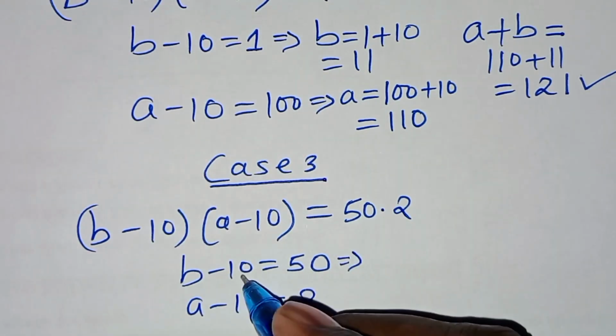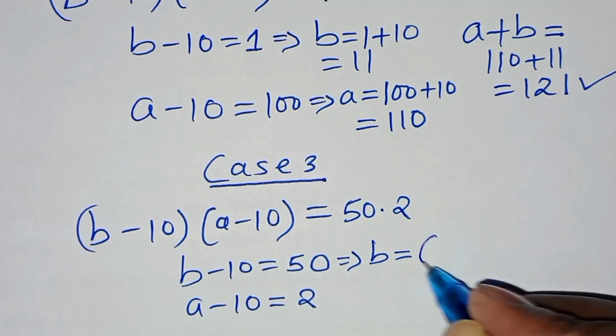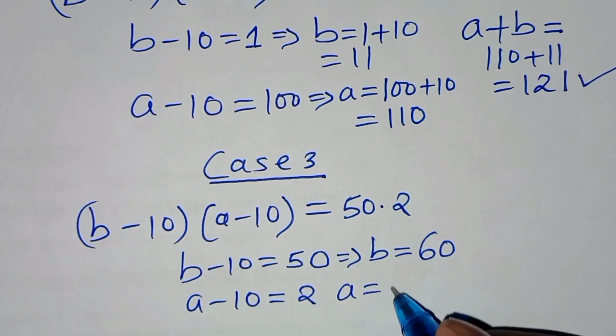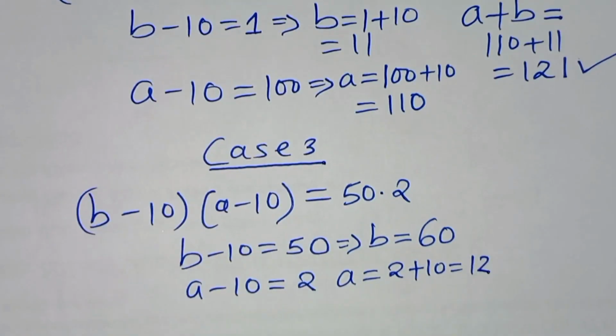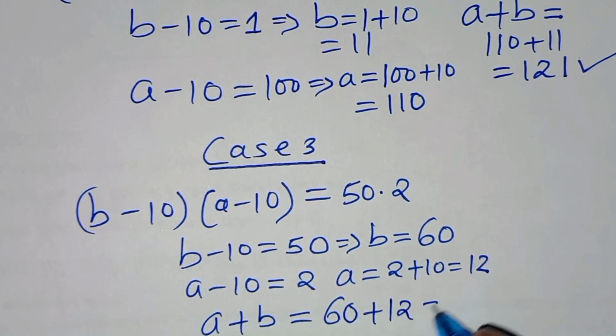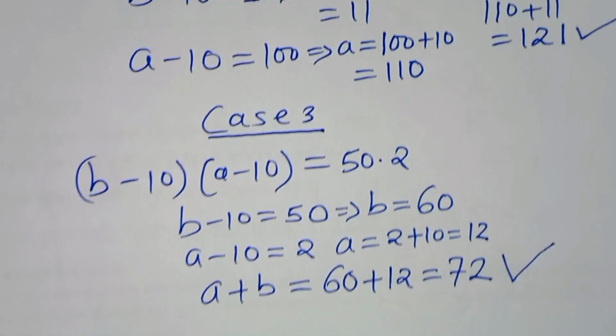So here b will be equal to 50 plus 10, which is equal to 60, and here a will be equal to 2 plus 10, which is equal to 12. So a plus b will be equal to 60 plus 12, which is equal to 72. So this is the solution to case 3.